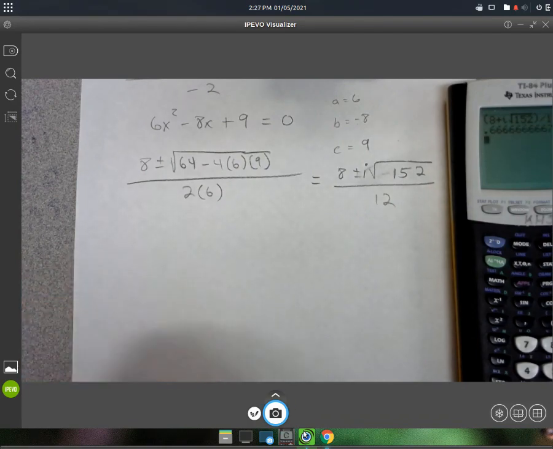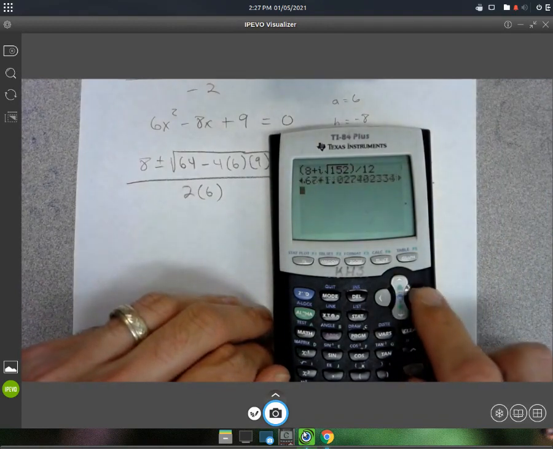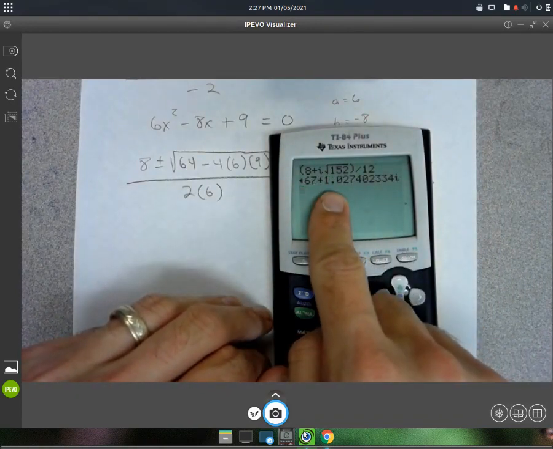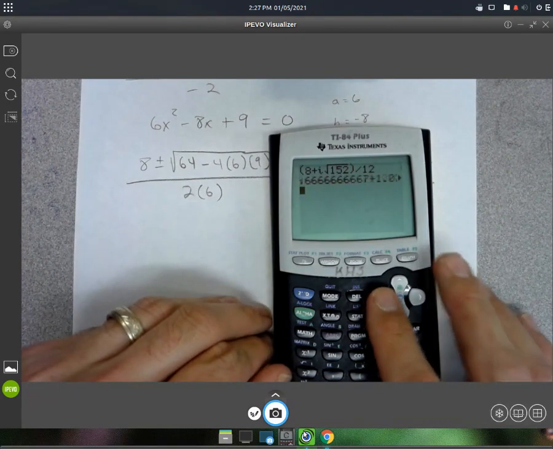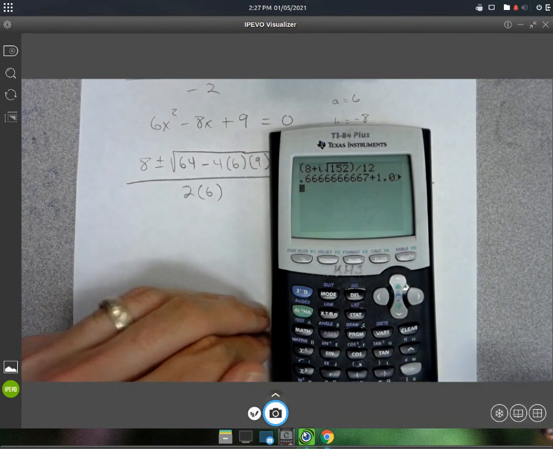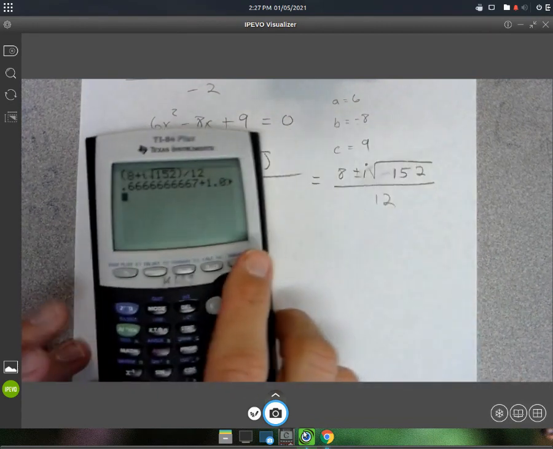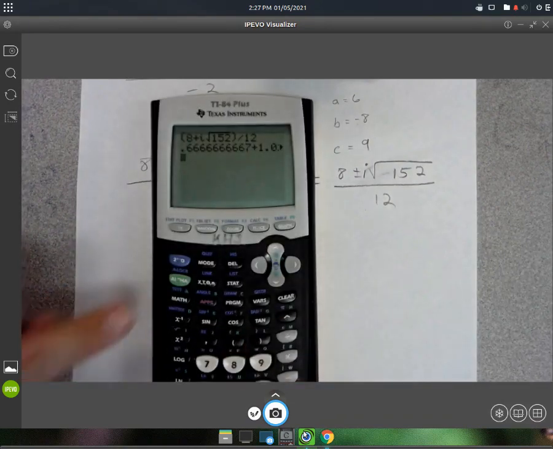All right, so this is our answer, and you can toggle over and see the rest of it. So the imaginary part is 1.027, and it looks like this part is 0.666, which is 2/3. So your answer, actually, I'm just going to convert it on the calculator.